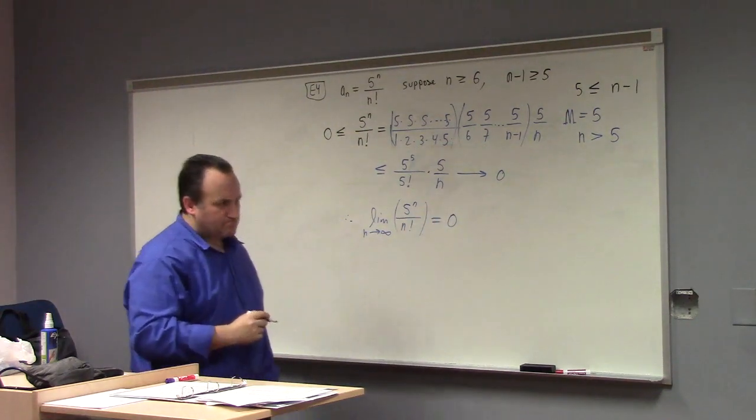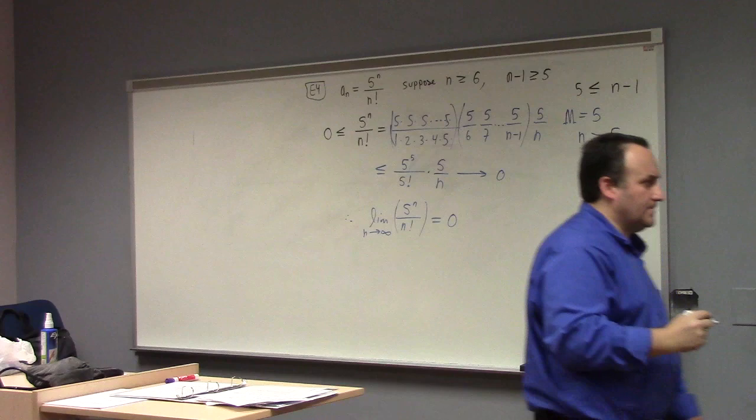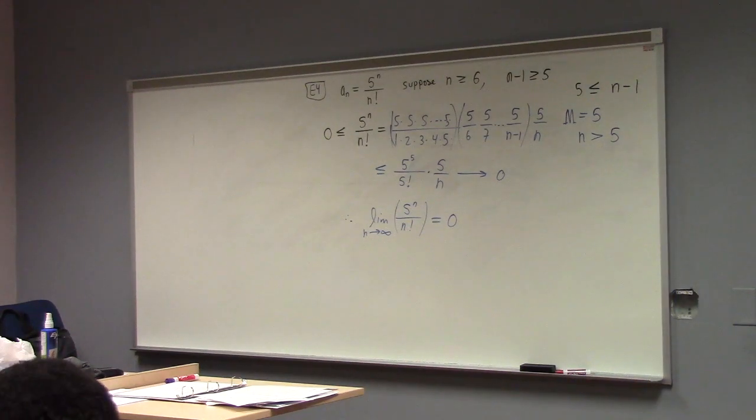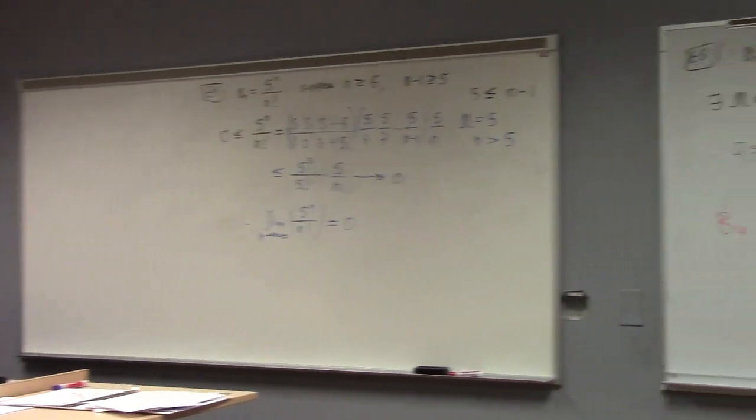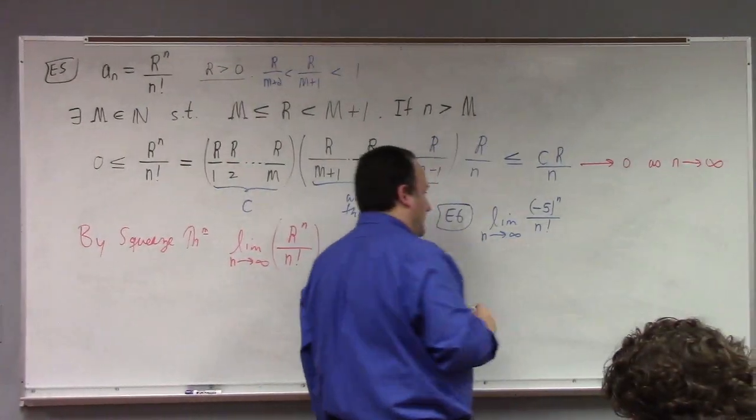How about this? Example 6. This one's not in the notes, but it just occurred to me. How about the limit as n goes to infinity of minus 5 to the n over n factorial? What would you do with that?